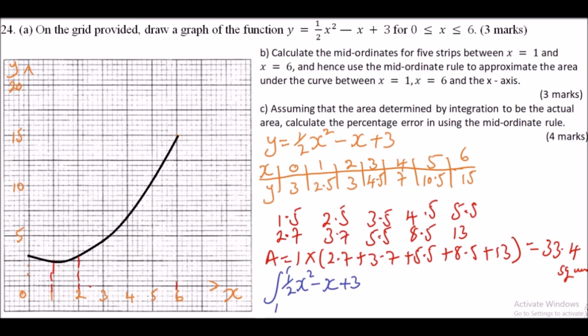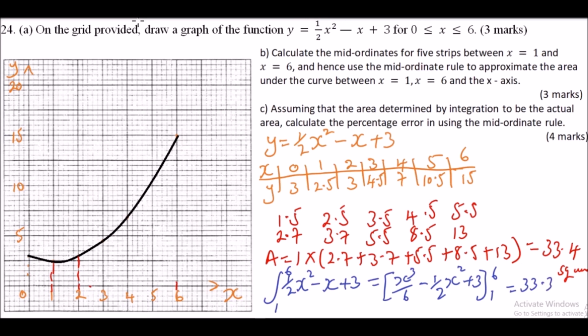If you integrate this, it will be x cubed divided by 6 minus a half x squared, plus 3x, close the bracket, with limits 1 to 6. When you compute that, you will get 33.3 to 1 decimal place.